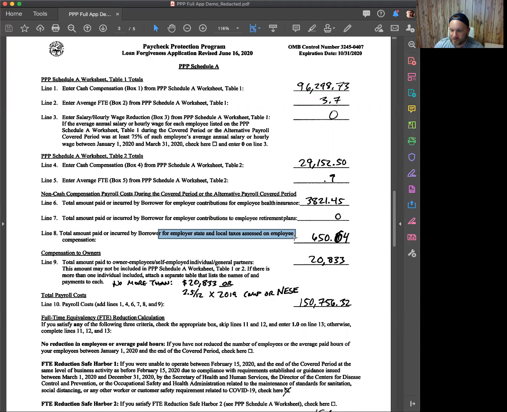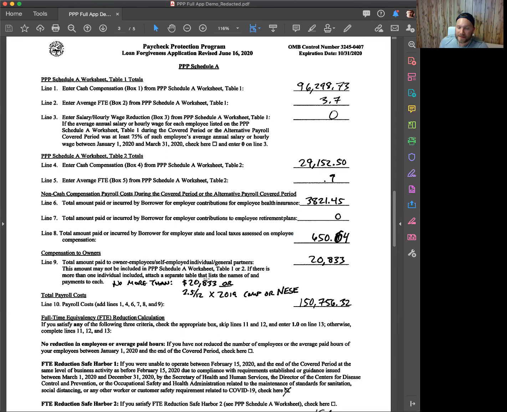That's not a state or local. Generally speaking, for most folks, the only tax that will apply in this case is state unemployment tax. So you're going to look at your payroll records and say, how much state unemployment tax did I pay during my covered period, from the moment of disbursement for the next 6 months? I'm going to put that on this line.